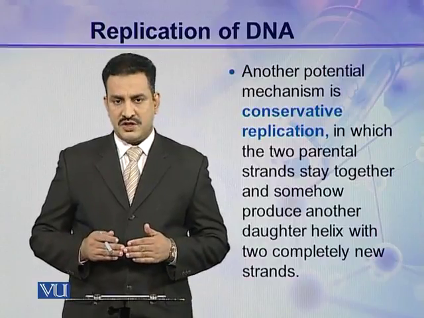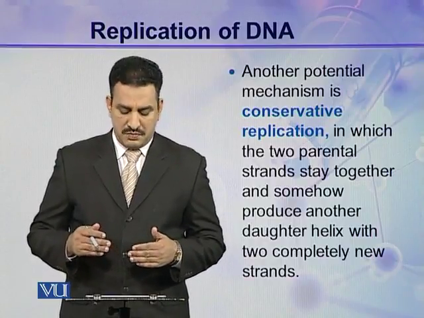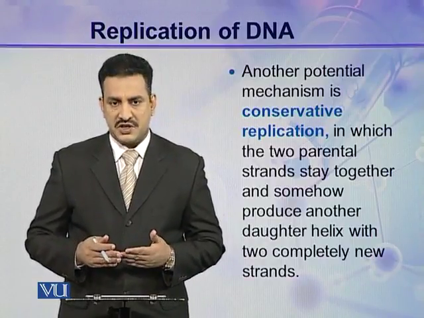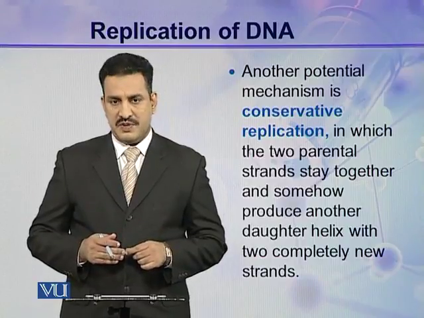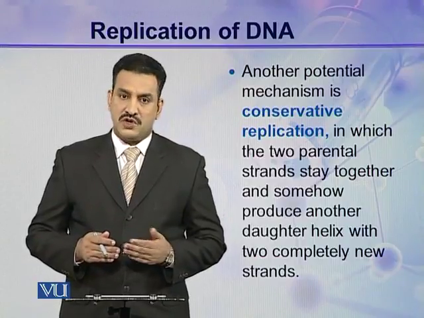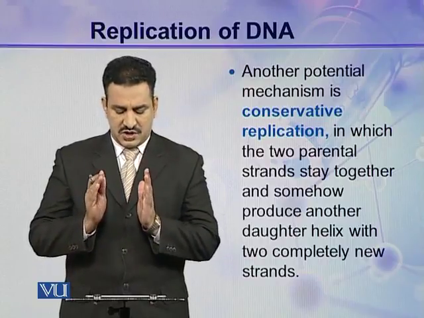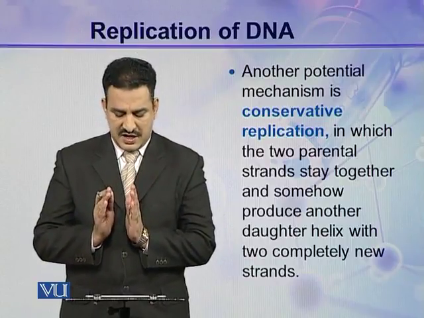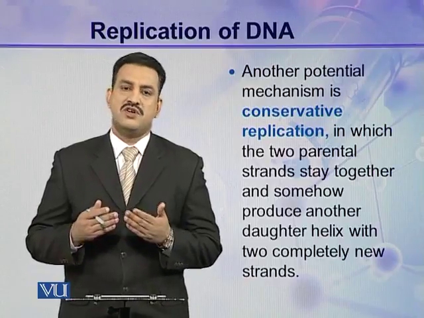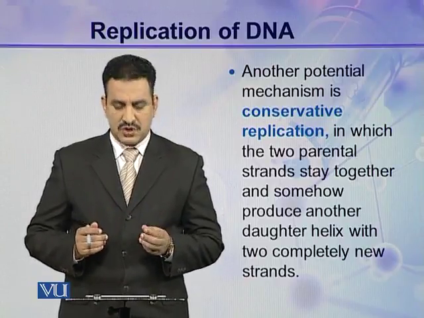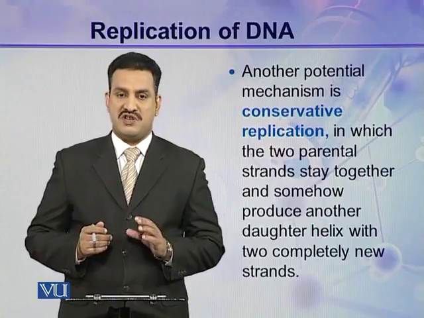Another potential mechanism which explains the mode of DNA replication is conservative replication. So in the conservative model, the two parental strands stay together and somehow produce another daughter helix with two completely new strands.